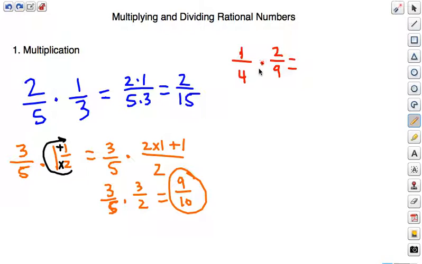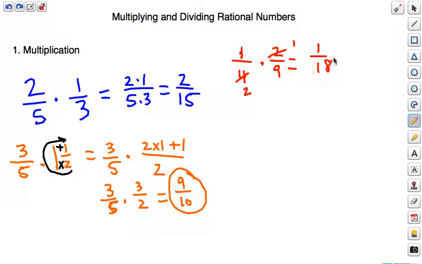What you can do with these to eliminate some of the reducing is you can take the cross products and find the GCF of them. So we could actually reduce this to 2 and 1. Okay, and then we can go ahead and multiply it out. So 1 times 1 over 9 times 2, which is 18.